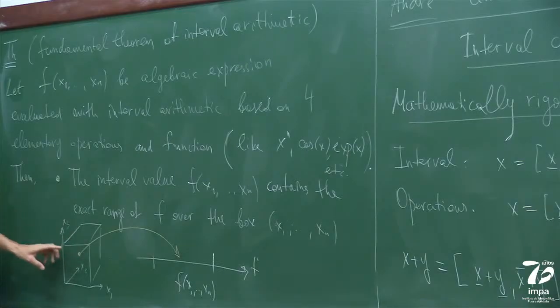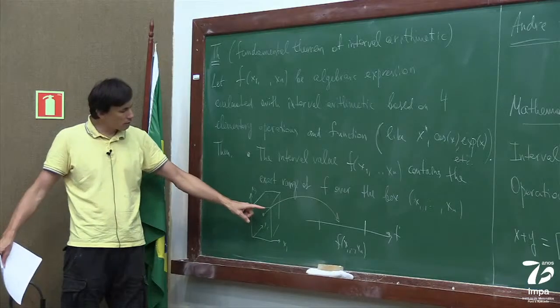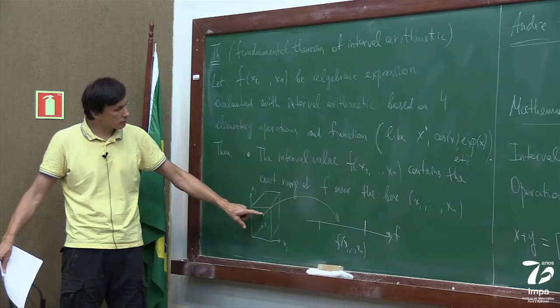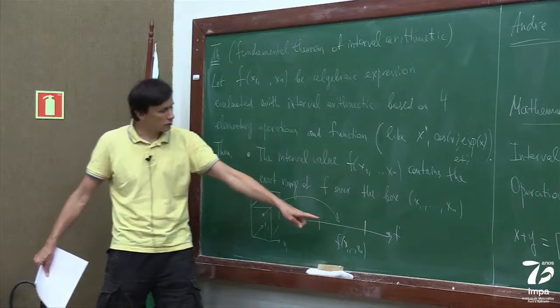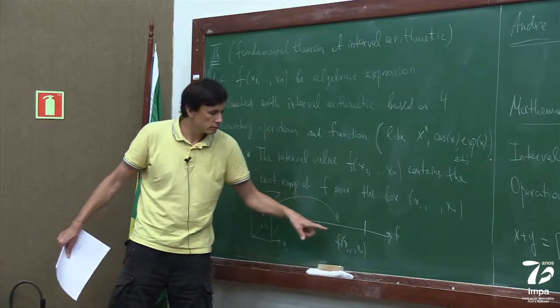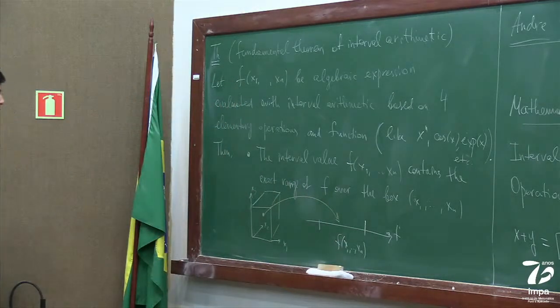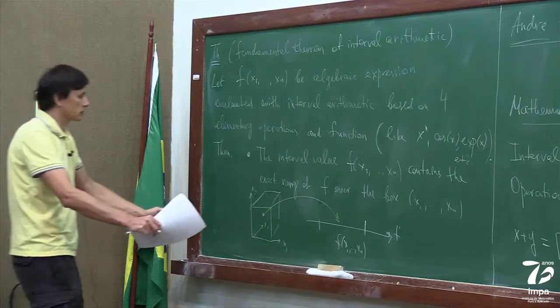So whatever value we have in the box, it will be sent by f to some point here. Usually for the examples we see by hand, this interval is big, so it's not surprising.